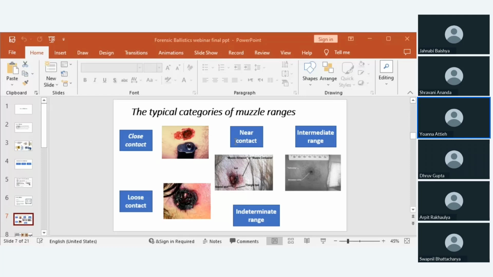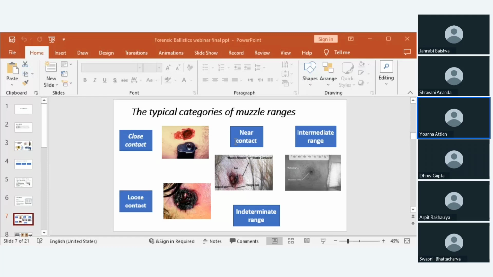Again, as you can see, the firearm is within about 5 inches of the target. Wounds from near contact shots may still have evidence of powder residue or seared tissue, but they are generally less intense than those from hard or loose contact.